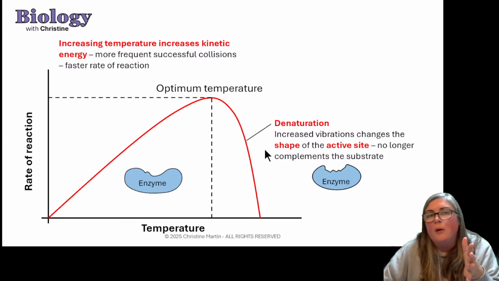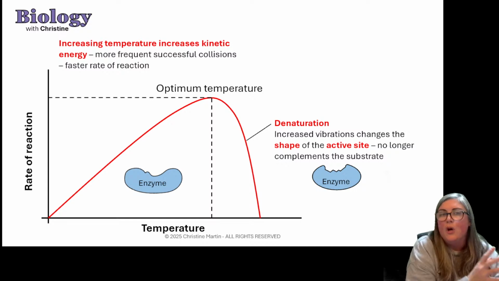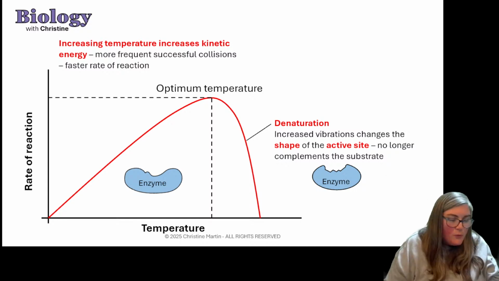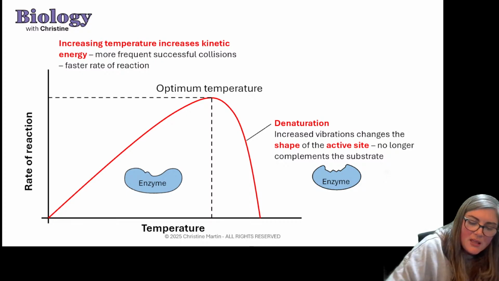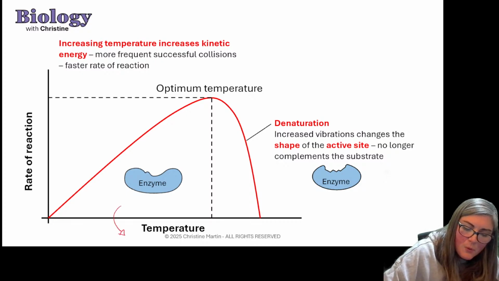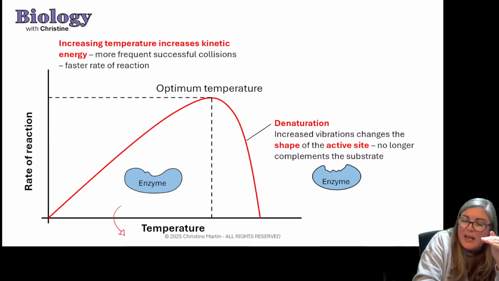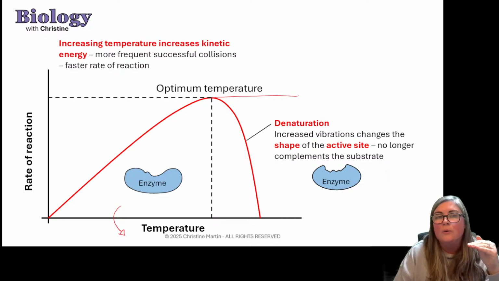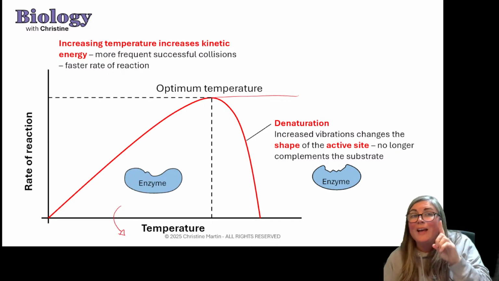So many students jump to denaturation whenever they see temperature and they forget about the first part of the graph. What was limiting the rate of photosynthesis in this case? The thing that was limiting it was, remember, what was on the bottom, until it curves off, that it could then end up with a plateau. What was limiting the rate was the temperature.